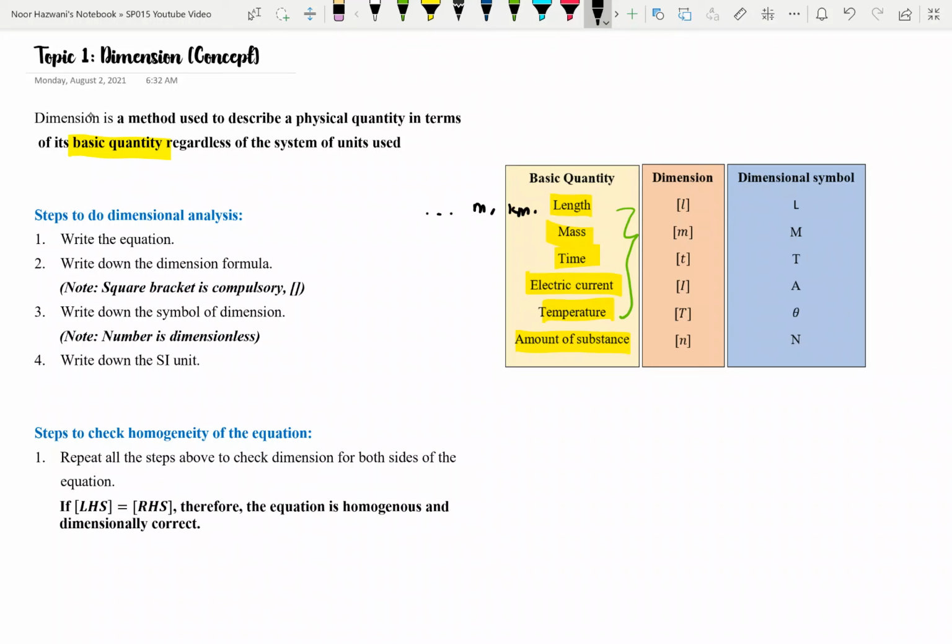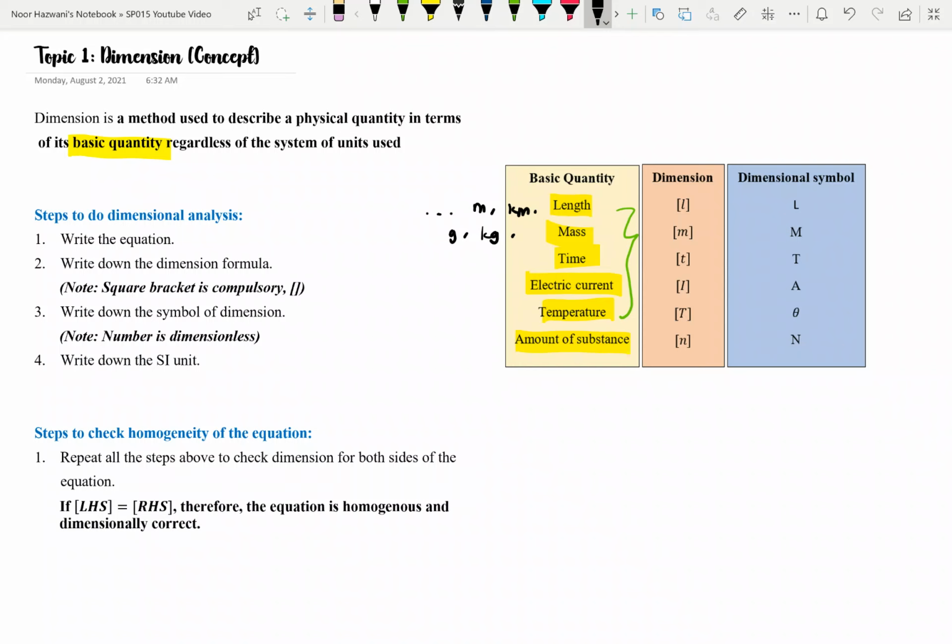And how about mass? Sometimes we use gram, sometimes we use kilo, sometimes we use pound. And then time also, sometimes we use second, minutes, and lots of units that we use for certain basic quantity.